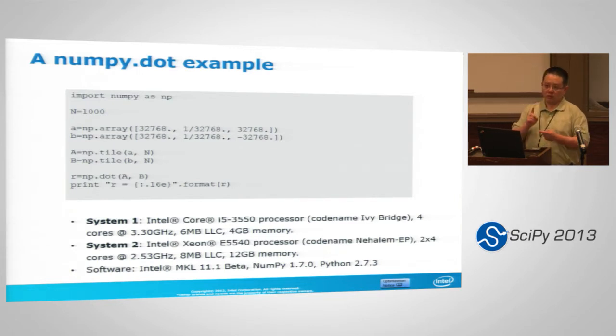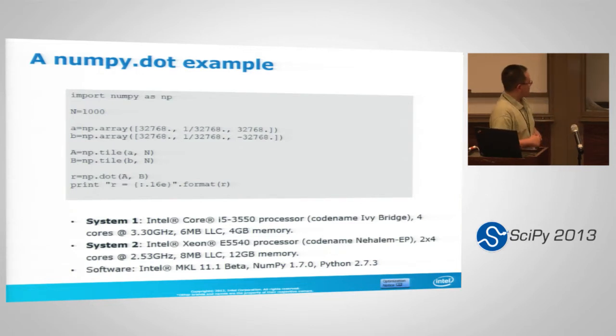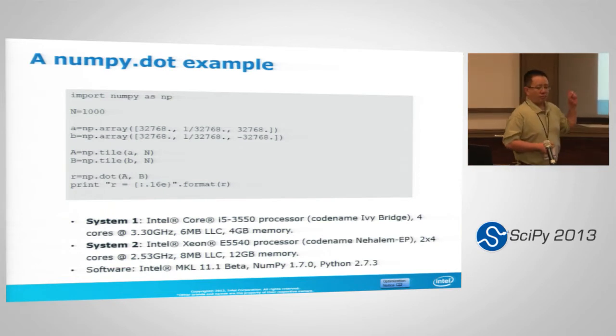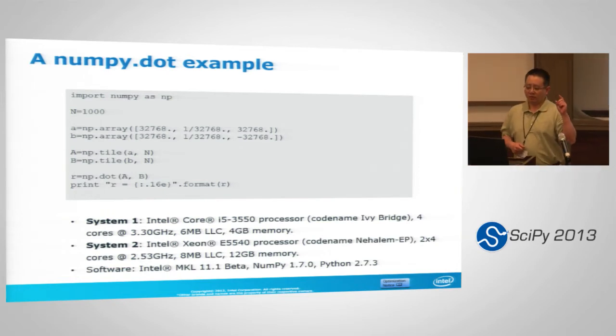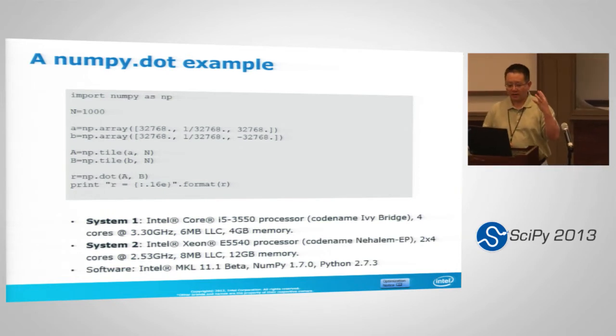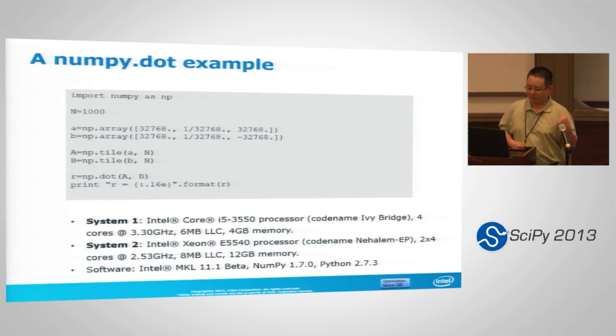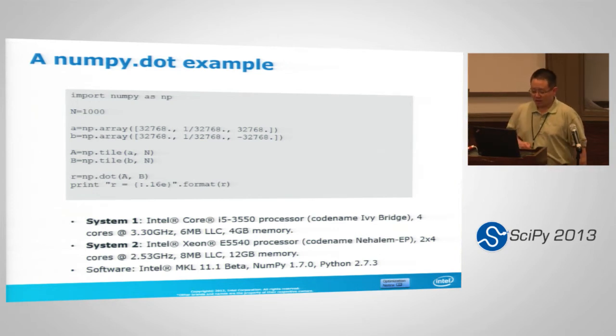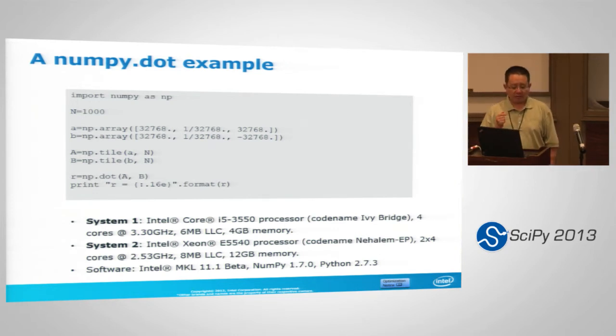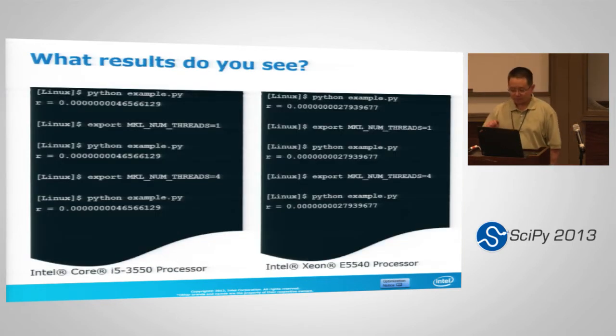This is not the only difference. Another difference is that System 1 is a desktop processor, meaning it has only 4 cores. The second processor, although it is old, was a high-end server processor 4 years ago, so it has 8 cores. Let's link MKL into NumPy, run this program and see what we get.